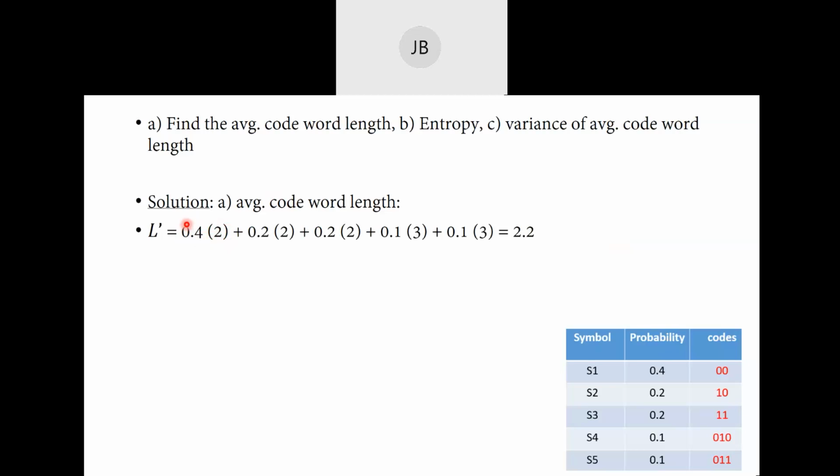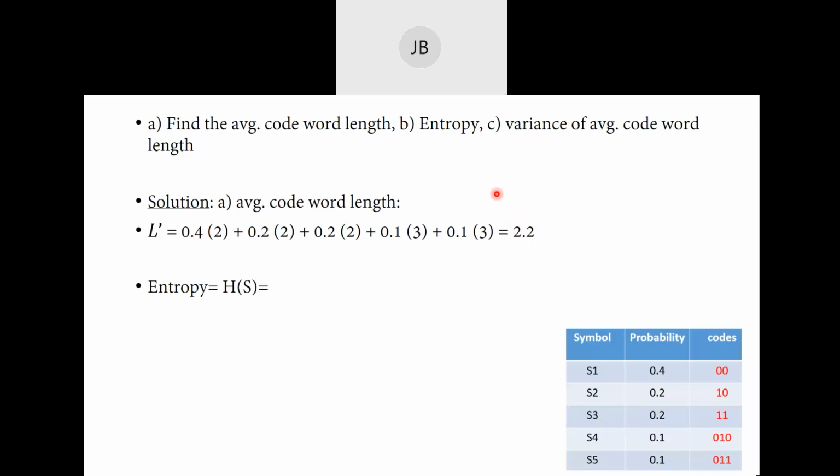The probability of the first symbol is 0.4, and it has 2 bits. Similarly, the probability of the second symbol is 0.2, and it has 2 bits, and so on. You just find the summation of these, and that gives the average code word length. So it says so many bits were used on an average to encode all these 5 symbols.